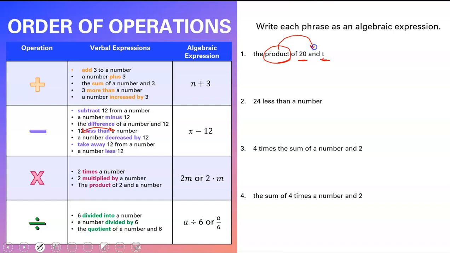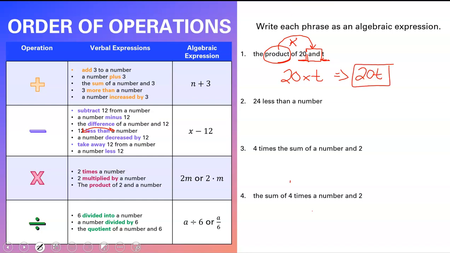Whenever we see a keyword that means an answer to a problem, we have to find the connecting "and", and that tells us what two values we are connecting with that operation. So product is an answer to a multiplication problem, so I know multiplication is going somewhere. Where is it going? It's going between 20 and t. So we end up with 20 times t. Another more common way to write this is simply 20t.